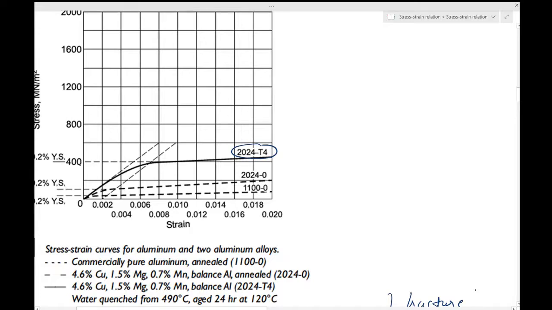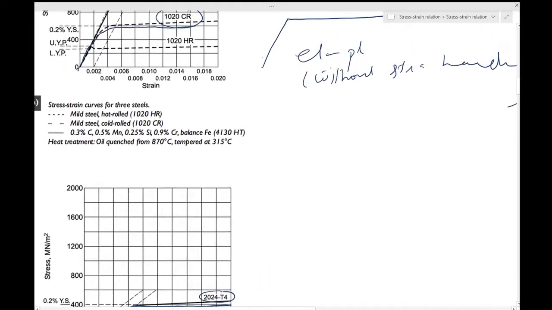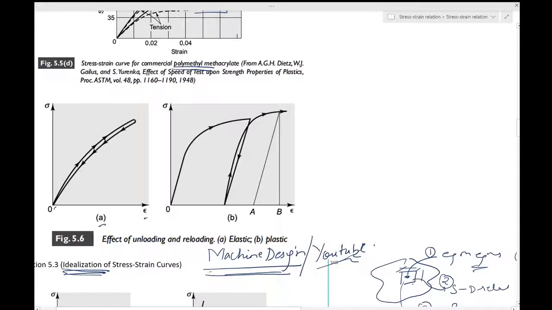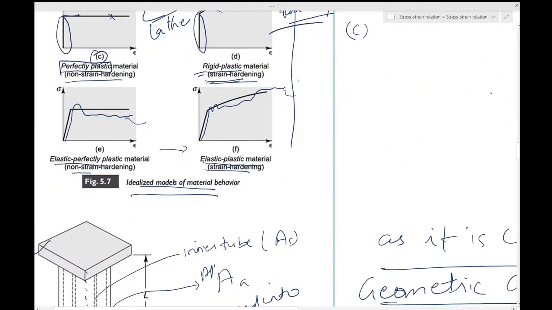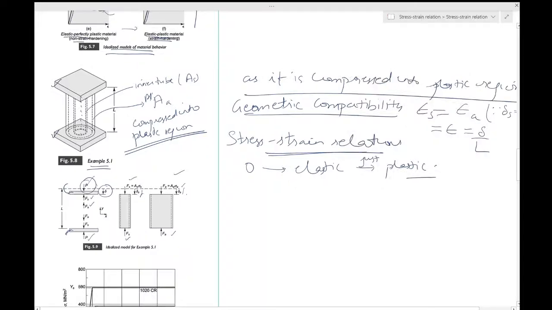Now looking at both of these two curves, this particular one also is a complicated part, so let me just idealize it like this. So both of them I have idealized as an elastic plastic stress strain behavior, and that will help me solve this problem.